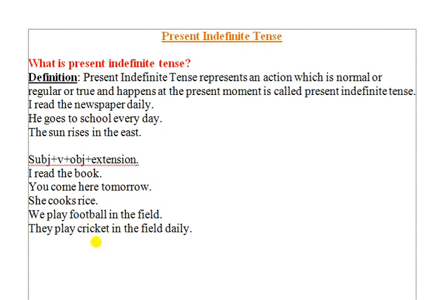We can make our negative sentence. Let's see how to make a negative sentence. See the structure. At first you have to use the subject, then do or does, then not, then the verb, then the object, then the extension.